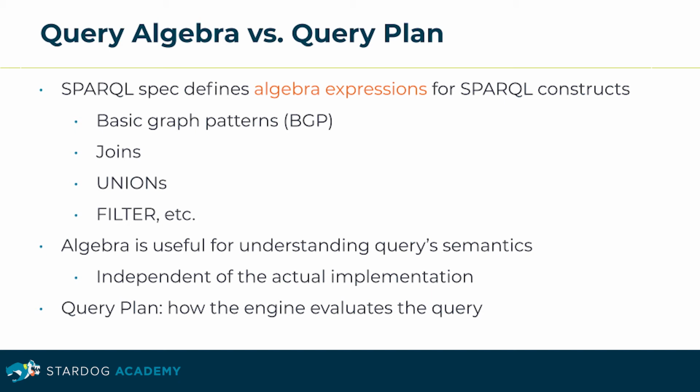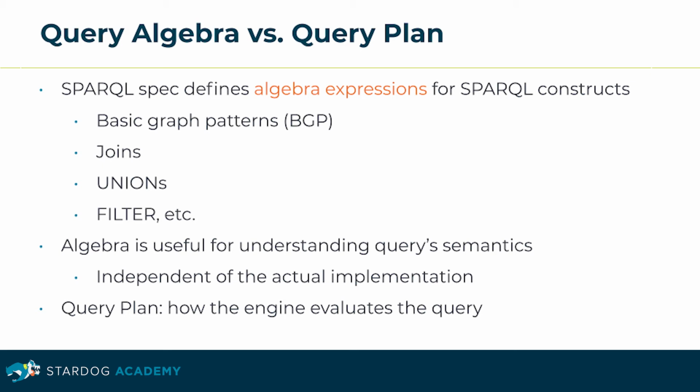So Stardog implements triple patterns with index scans and BGPs using joins over those scans. There are multiple join algorithms with different performance characteristics. Some are going to be faster, but require some conditions as inputs, and others could be slower, but are more generally applied. So the algebra is useful for understanding the query semantics, but it's independent of the actual implementation.